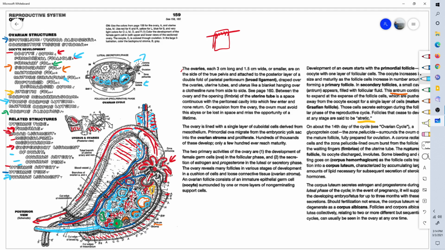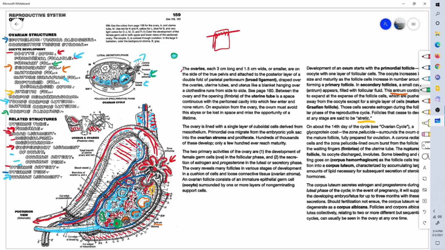Now the corona radiata and the zona pellucida. When the egg is before it's expelled, it becomes surrounded by a thin layer of proteins. This is called the zona pellucida.